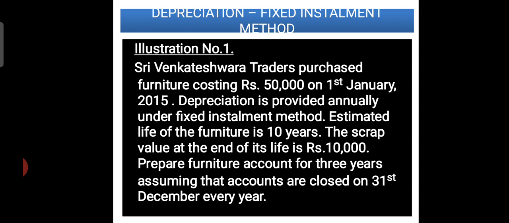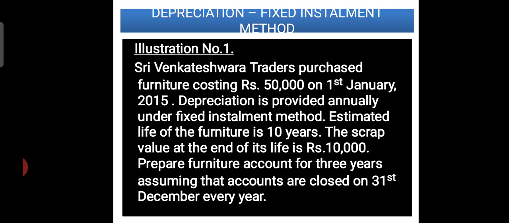So in this problem, there are so many points which are helpful for us for calculating the depreciation under fixed installment method. The important points that we need are the cost of asset, the estimated useful life of an asset, and the scrap value.